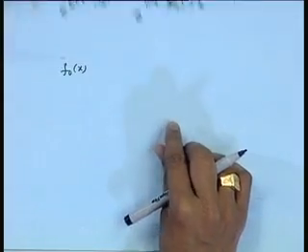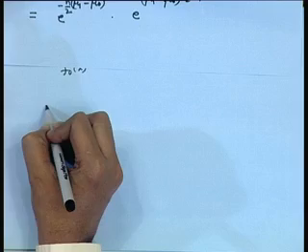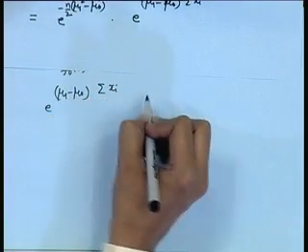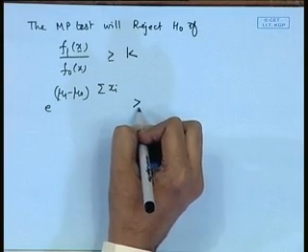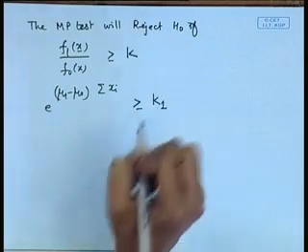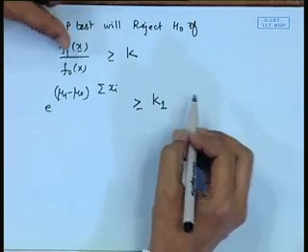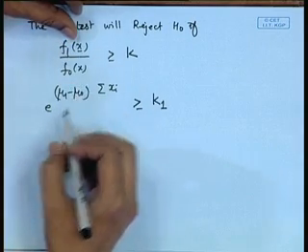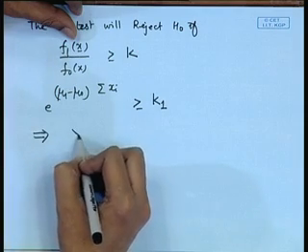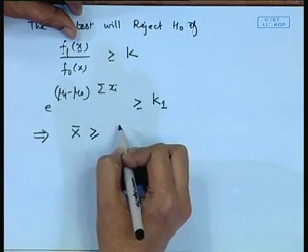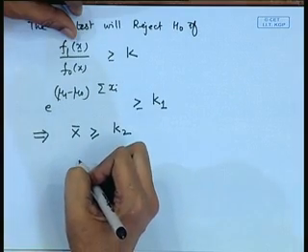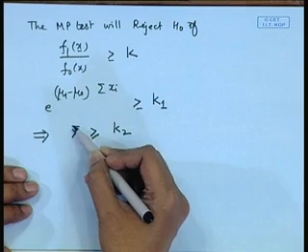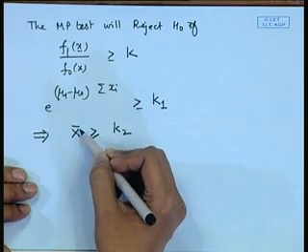So, this region is reducing to e to the power mu 1 minus mu naught into sigma x i greater than or equal to say some k1. So, if mu 1 is greater than mu naught, then this region is equivalent to x bar greater than or equal to some k2.